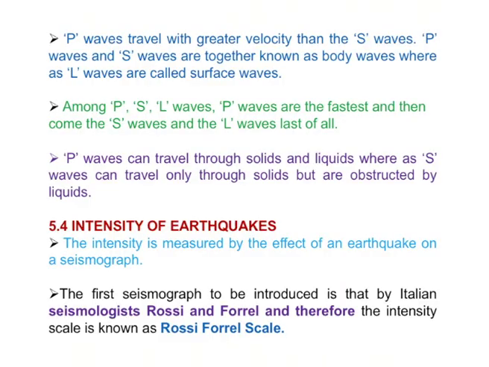Sometimes these waves we also call L waves. So what we have seen: one is the P waves, second is the S waves, and third, Rayleigh waves and Love waves together, which we call L waves. So what about the direction and travel?